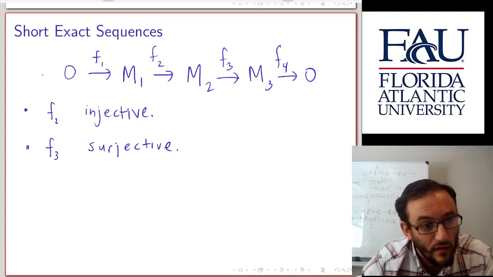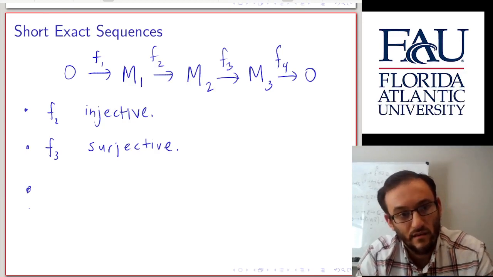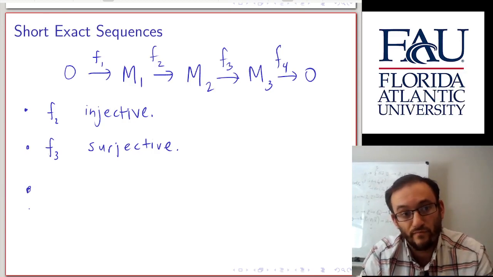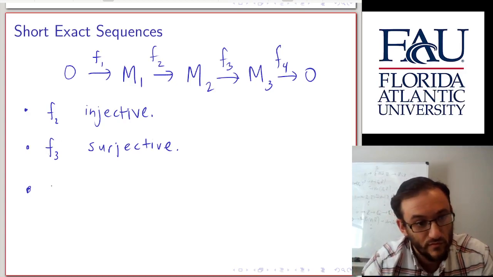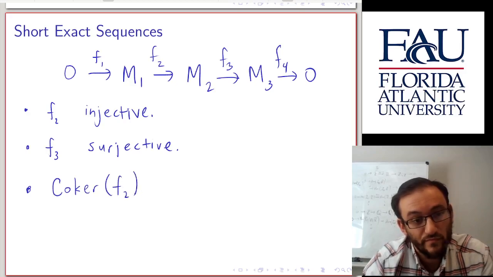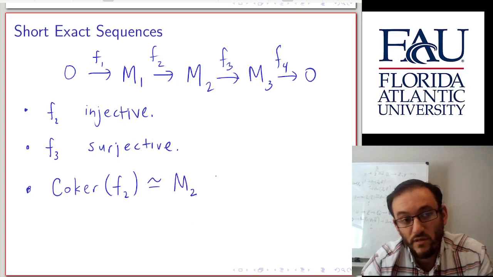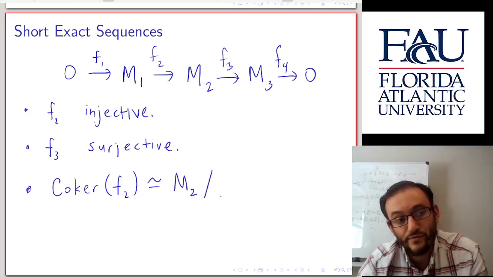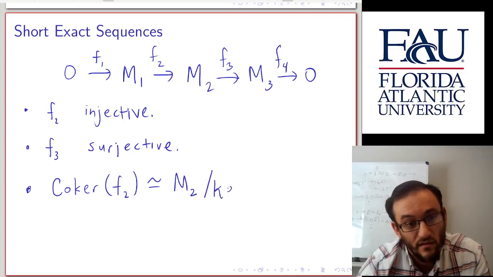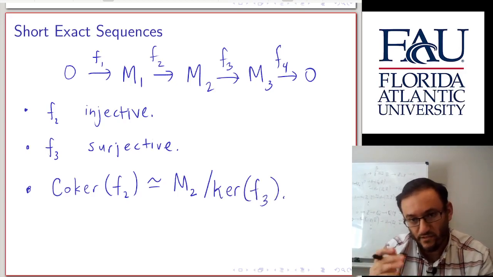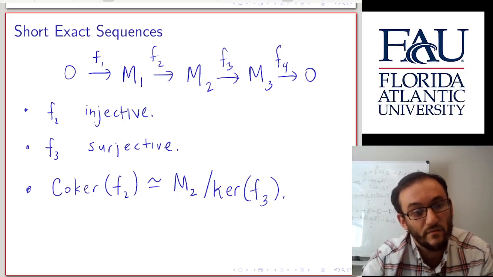Furthermore, if you want to look at the cokernel of F2, so again, that's the quotient of M2 by the image of F2, that's going to be equal to M2 modulo the image of F2, but that's equal to the kernel of F3, so that's the same thing. And that just follows from standard isomorphism theorems.